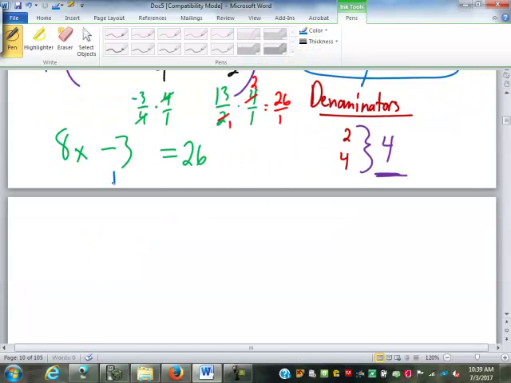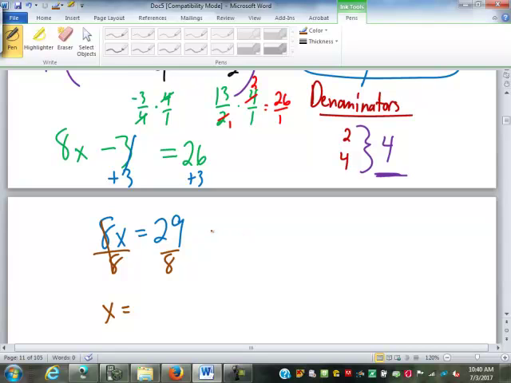And yes, our next step would be to add the 3. 26 plus 3 is 29. And then we would divide by 8. Now, if we punched into the calculator 29 divided by 8, we're going to get 3.625.